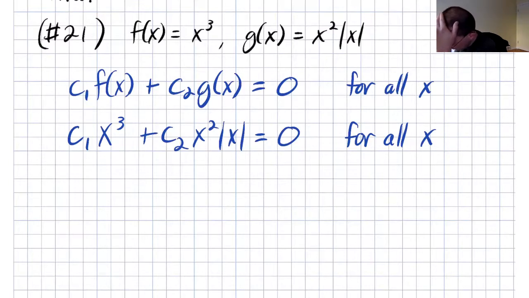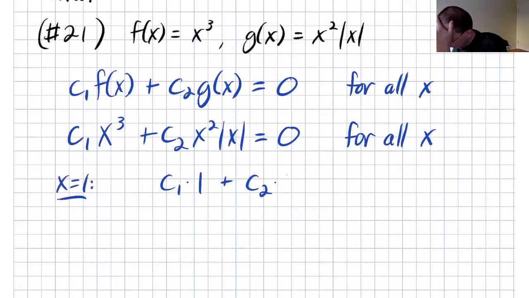This has to be true for all x, so it has to be true for x equals 1. Substituting x equals 1, we get C1 times 1 cubed, so that's just 1, plus C2 times 1 squared times the absolute value of 1, so that's 1 times 1, and that gives us 0.